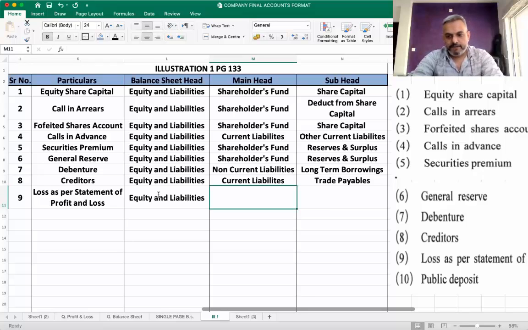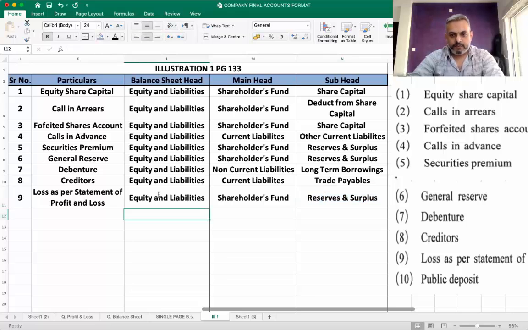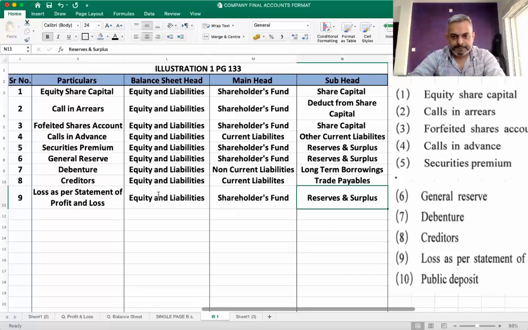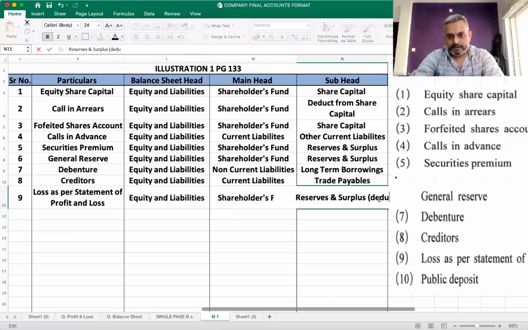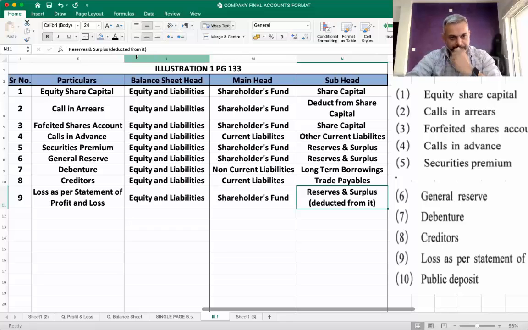So main head will be shareholders fund, reserves and surplus, and it will be written in the bracket, deducted from it. It will be deducted from reserves and surplus because it's a loss.